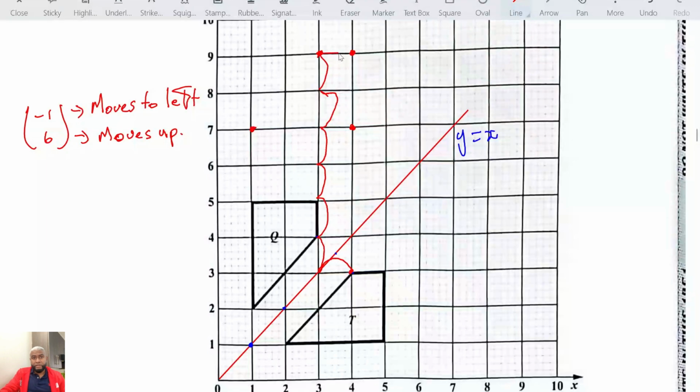So let me draw it. So we have, boom. Right, so you're coming across here, boom. Bang. Everybody good there?